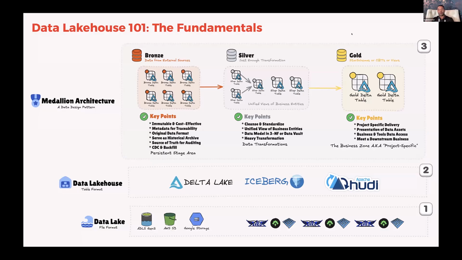It gives you schema compliance, ACID capabilities, and all the bells and whistles that we used to have in data warehouse systems. Today we have pretty much three options out there: Delta Lake, created by Databricks, Iceberg, created by Netflix, and Apache Hudi, created by Uber. Those pretty much run in the same layer.